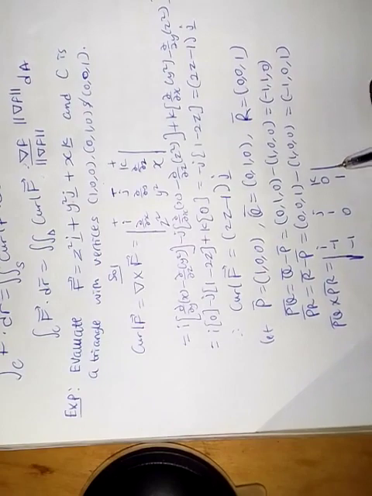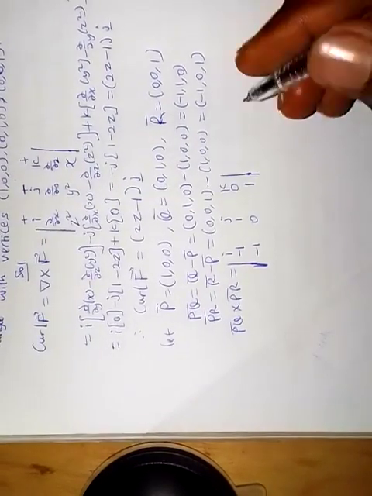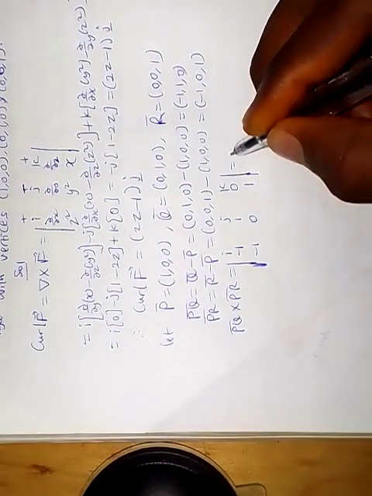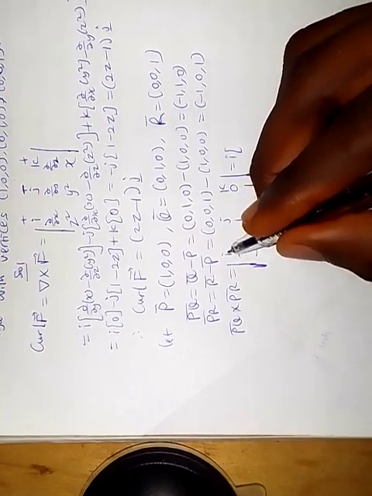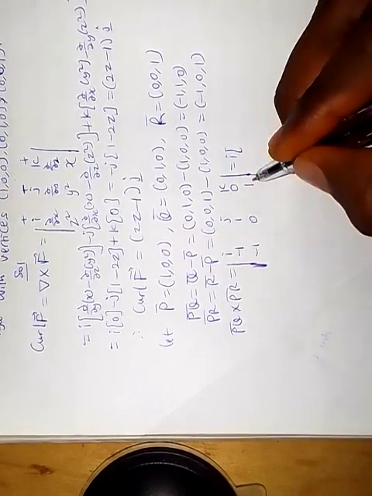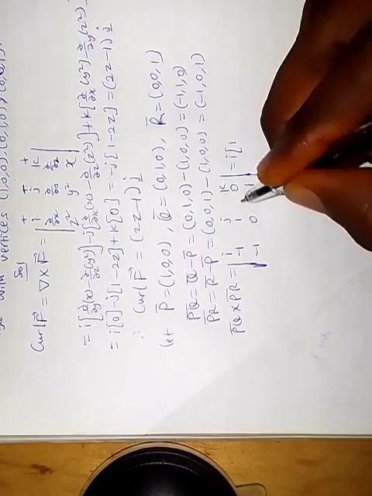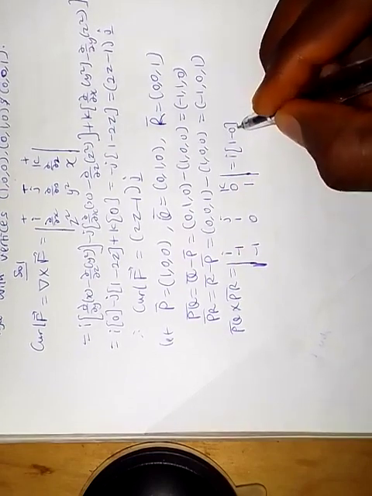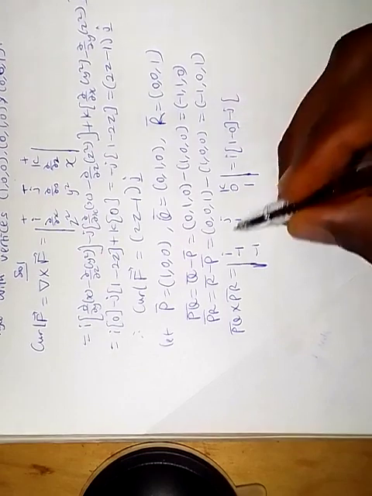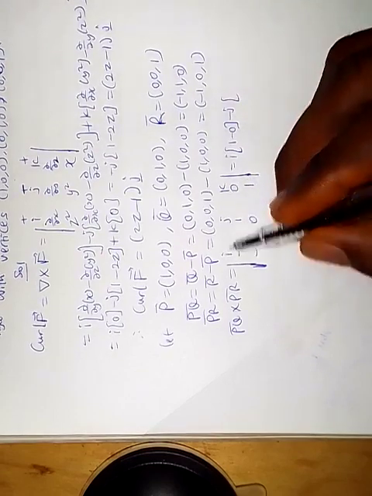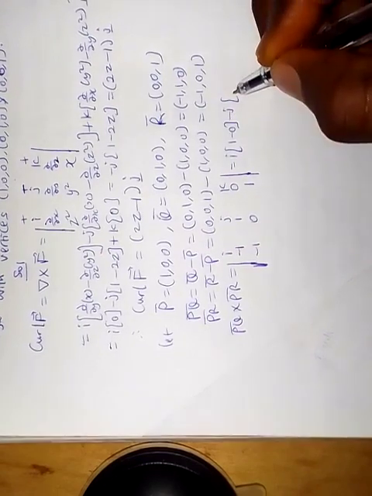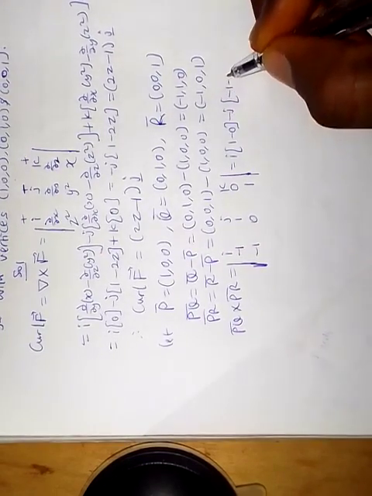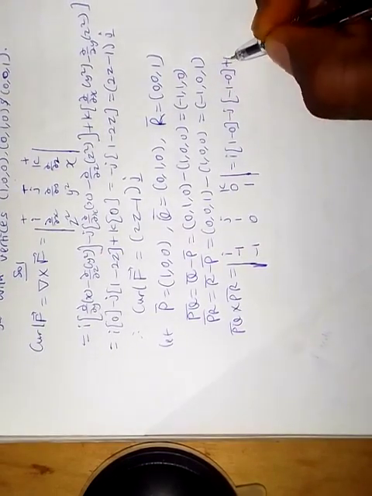So continue with this process. We have i times this and this, we're going to fix this. So 1, this guy will just be 0. So minus j. We fix the first row, second column, we have minus 1, minus 0, plus k.